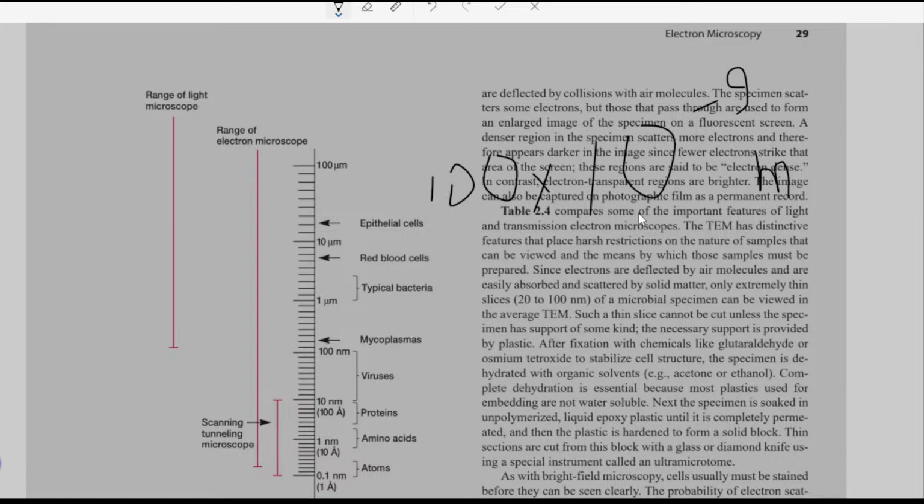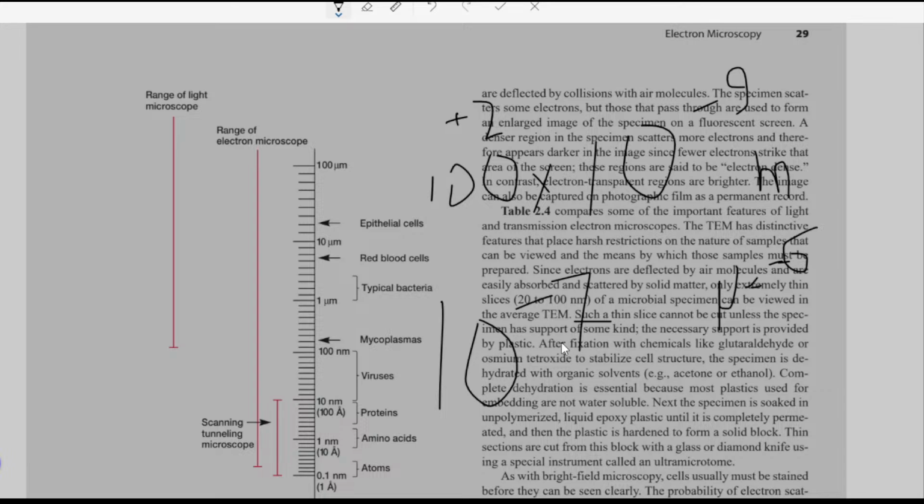Now I need to do math. This is more like 10 raised to power 2, right? So the answer we will get will be 10 raised to power minus 7, while the micrometer is minus 6.